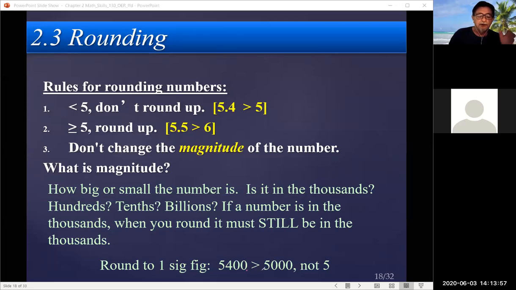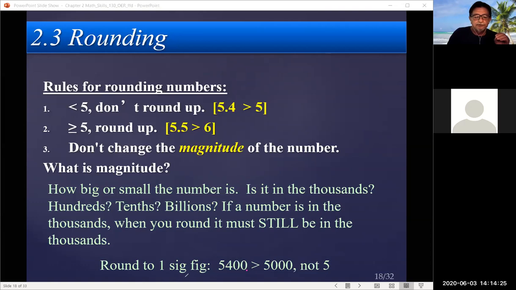Everybody agree on that, right? And so any numbers before the decimal point get converted to 0. Any numbers after the decimal point, you drop them off. You just get rid of them because you don't need them. But the numbers before the decimal point tell you the magnitude.